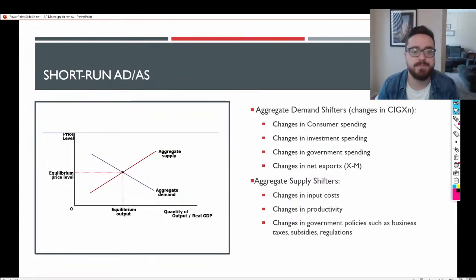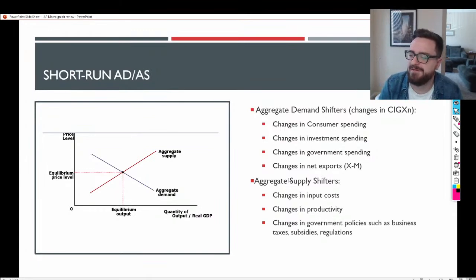Your aggregate demand shifters, 4 things, are your components of aggregate demand, or your components of GDP: consumer spending, investment spending, government spending, net exports. Again, investment spending is spending typically by businesses on capital, things that help them produce more long-term.